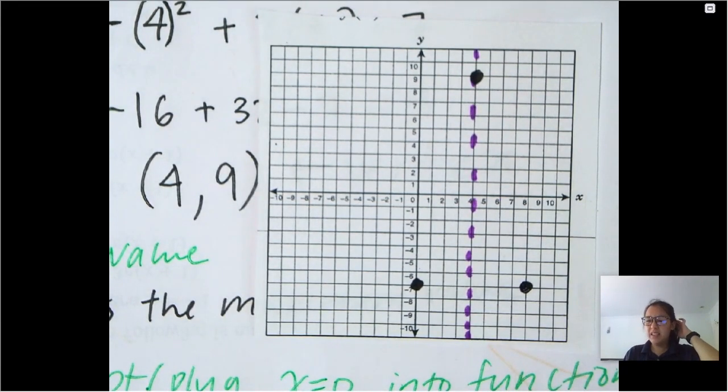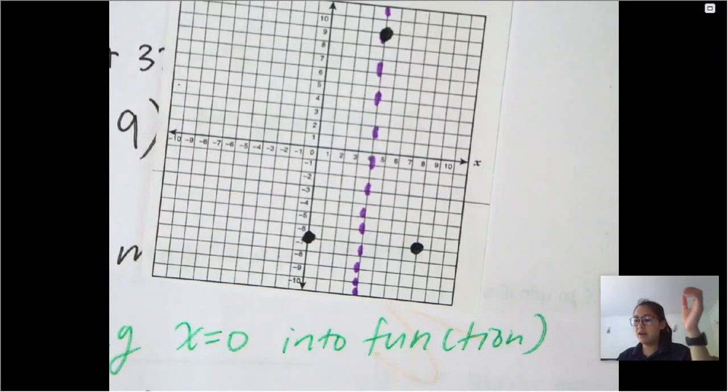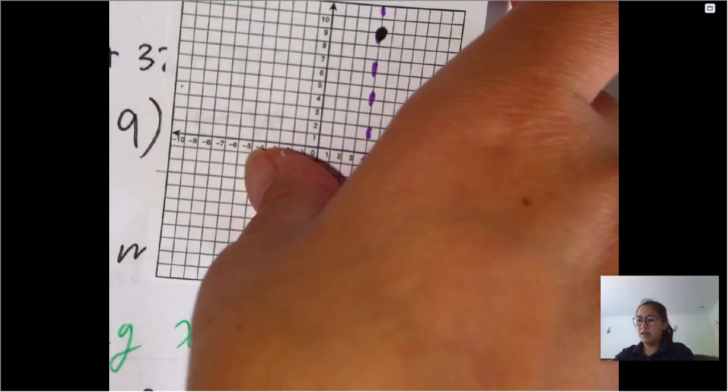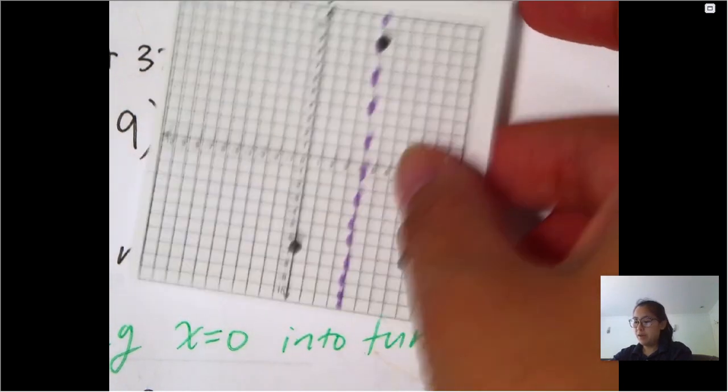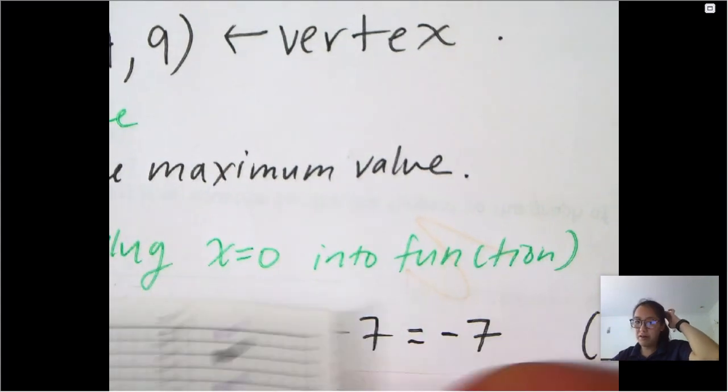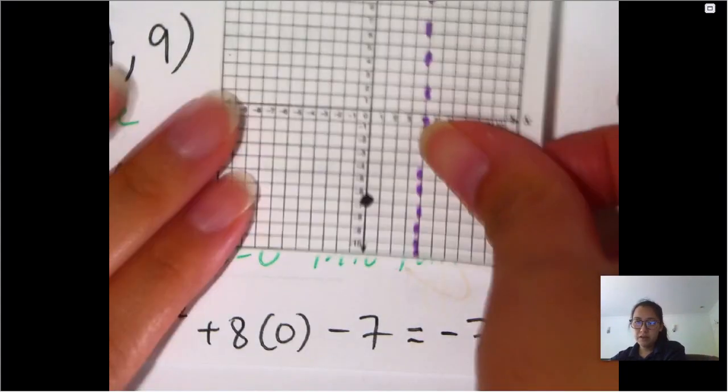Okay, so it's easier to just look at the graph to find your symmetrical point. So I'm going to write that in our notes after. Actually, let's draw the graph first, and then I'll write that in our notes.